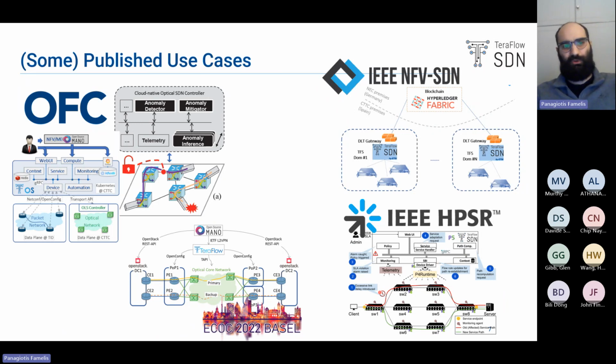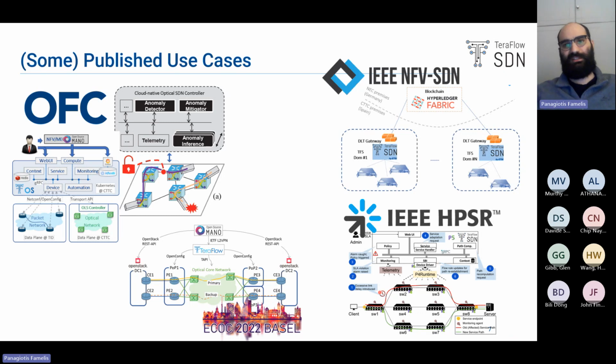For example, we have on OFC the first paper, which was a proof of concept to showcase mainly what we can do with TeraFlow. We also have this anomaly detector and anomaly mitigation that had to do more with the optical part. On ECOC, we presented how we can integrate with open source MANO, OSM, and produce inter data center connections, leveraging both OSM for the NFVs and TeraFlow for the network.